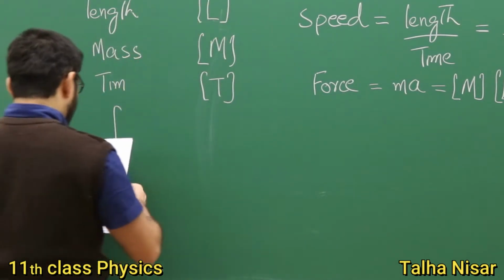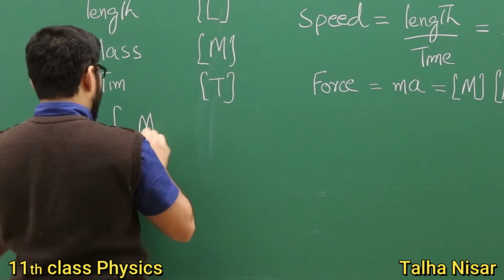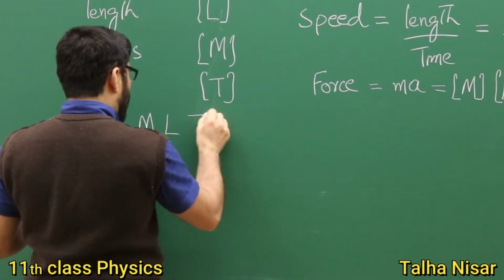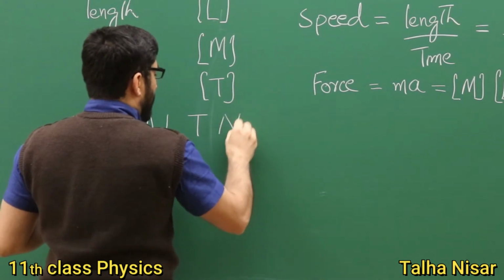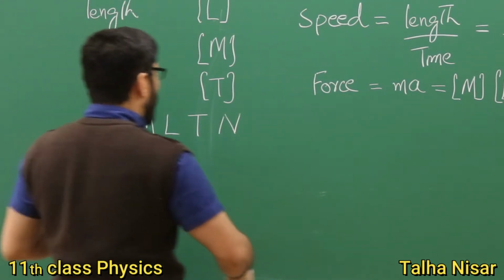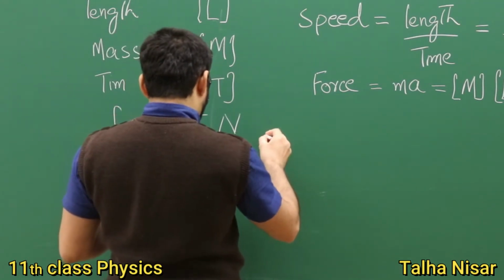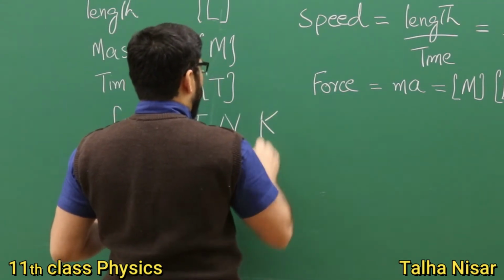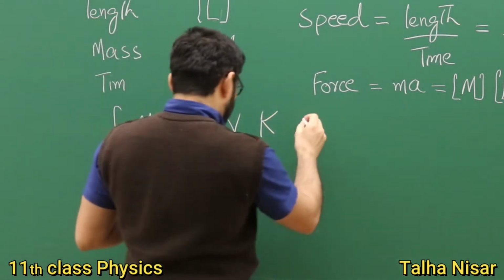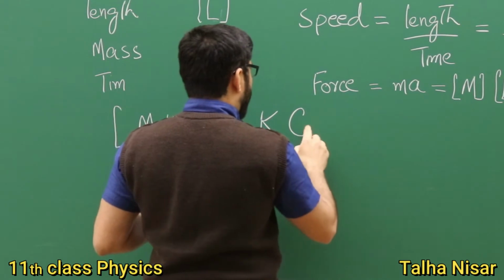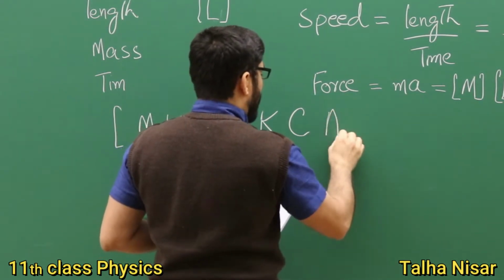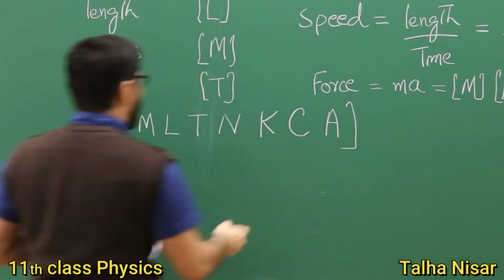So we have the M for the mass, and then we have the length, then we have the time, and then we have the N is for the mole or the amount of substance, which is also the base physical quantity, and then K is for the Kelvin, which is the temperature, and then we have the candela, which is for the intensity of the light, and then we have the ampere, which is the electric current.